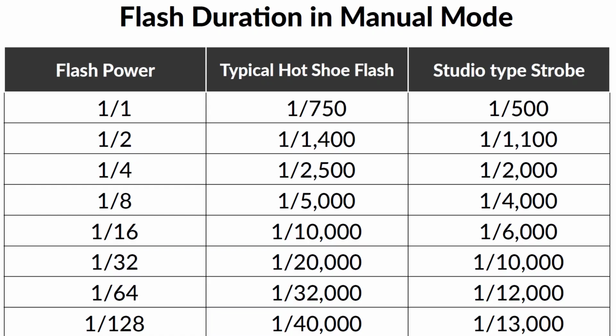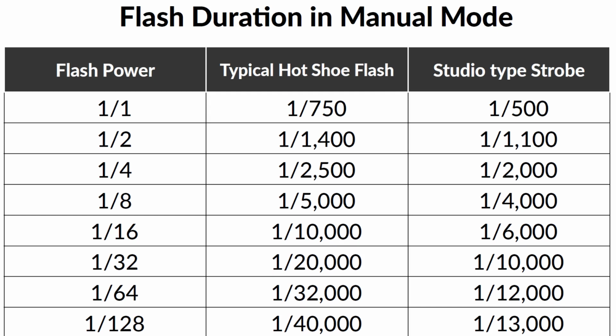But the second and much more important reason for using manual flash is that in manual flash, we know, or have a very good idea at least, of the flash duration. The flash output is dependent not on the intensity of light coming out, but rather on the duration of that flash pulse. Just take a look at this table right here that gives you some ideas at different flash powers of studio strobes and hot shoe flashes like we would use more often for nature photography.